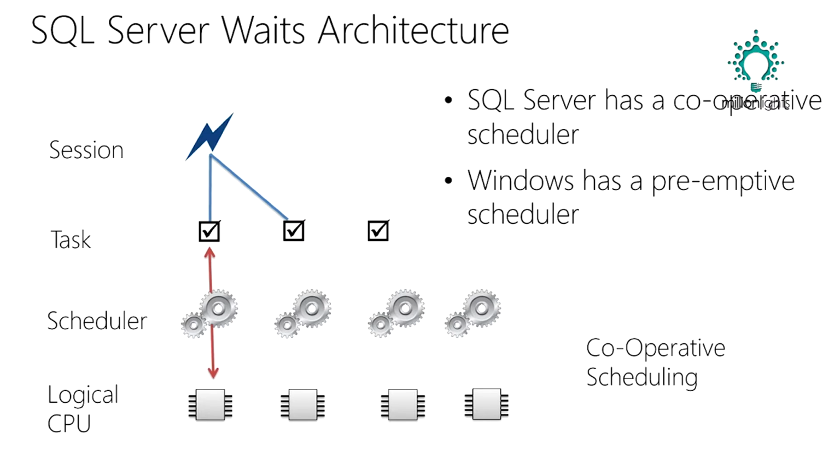This is as opposed to Windows, which has a preemptive scheduling model. Windows is a general purpose operating system, from my desktop to a powerful server. It's written for multiple programming languages, multiple applications, multiple uses, and there's nothing to optimize Windows on my laptop over Windows Server for any particular application. So this is what we call a preemptive scheduler.